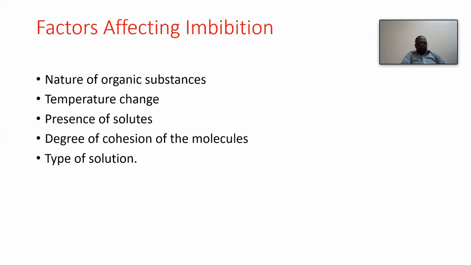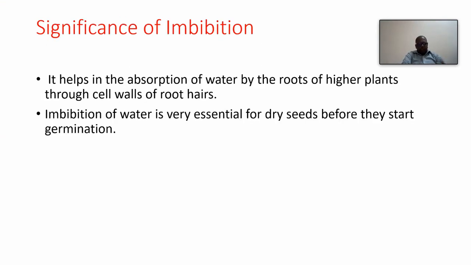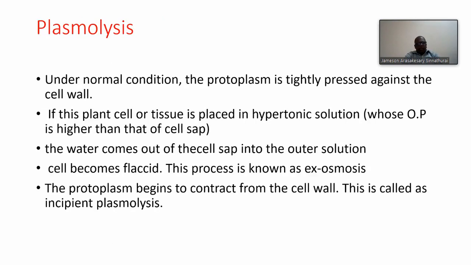Factors affecting imbibition, as usual: organic substances, temperature, pressure of solids, cohesion of molecules. Here the cohesion of molecules is necessary. Okay, type of solution. Significance of imbibition: we have already seen root hairs, we need imbibition, and everything needs imbibition.